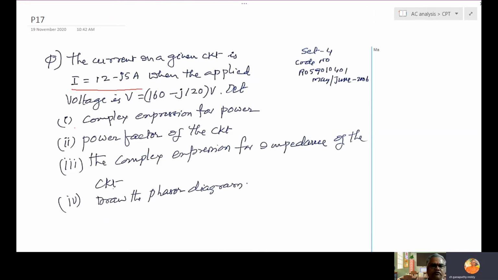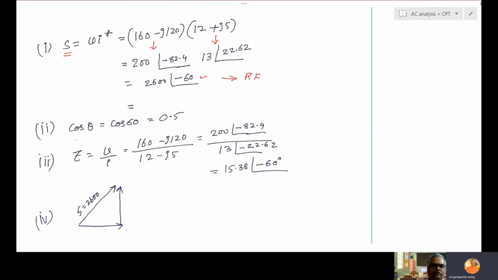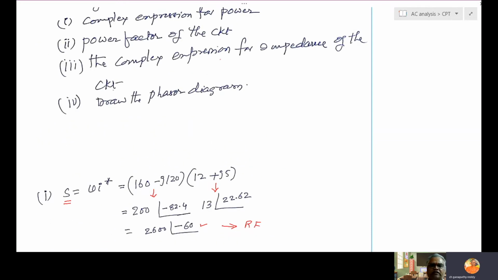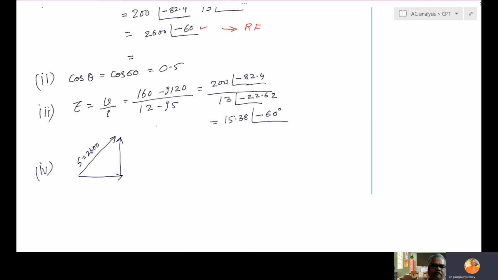Next, second question, power factor of the circuit, cos theta. What is theta? This theta is 60, na? Power triangle angle, impedance angle, current triangle angle, all are the same. So cos 60 is 0.5. Then complex expression for impedance. Impedance is nothing but V by I. Substitute V by I, simplify, you are getting this.